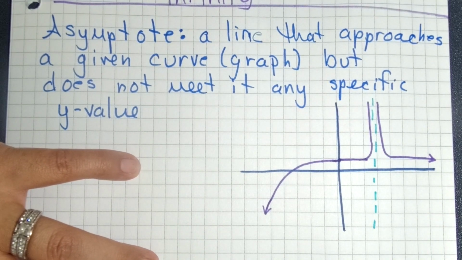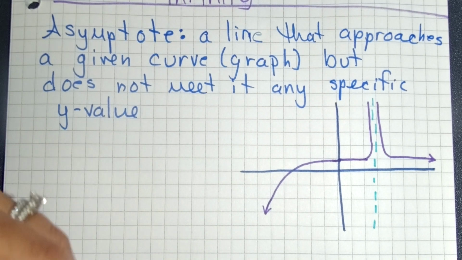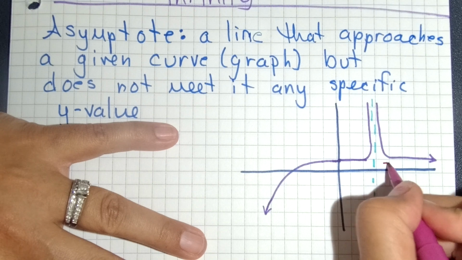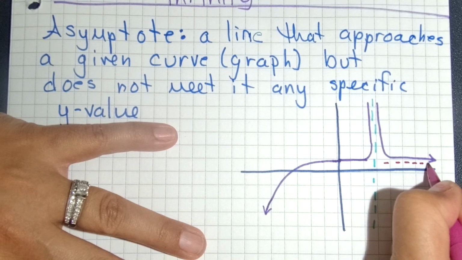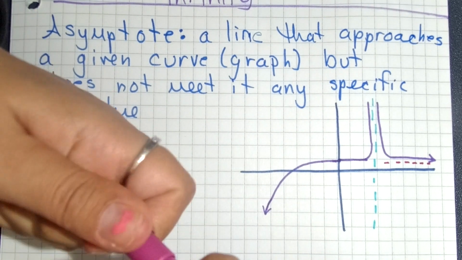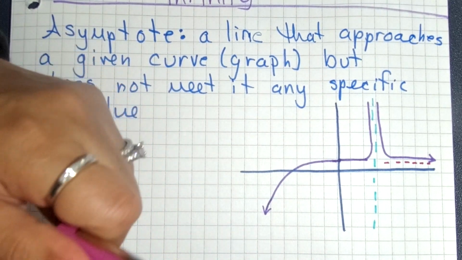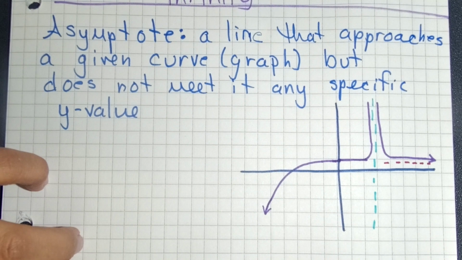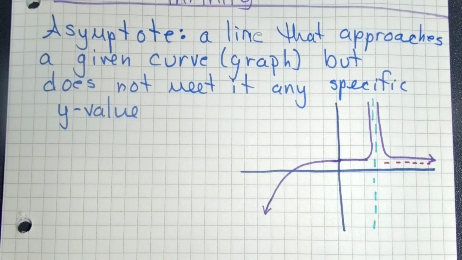There is another one on this side that your graph gets closer and closer to, but does not touch. These have specific names. So when we're talking about getting closer and closer to, but never touches, we're going to be talking about limits.